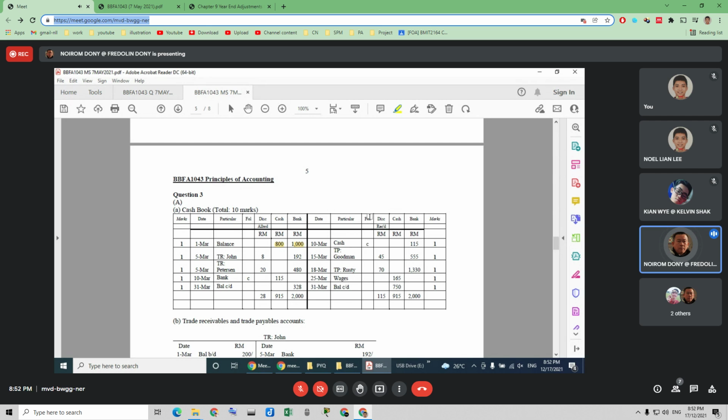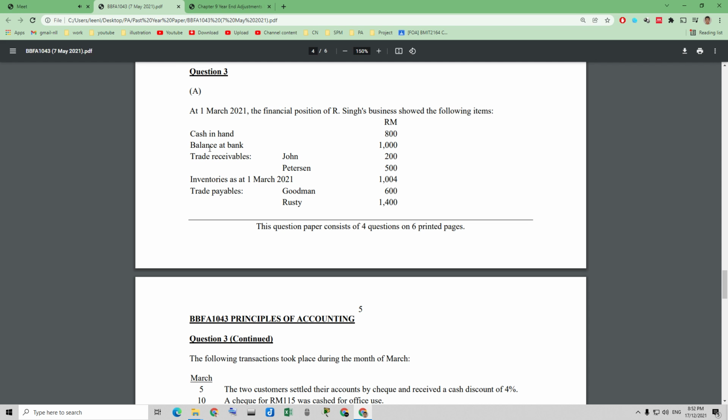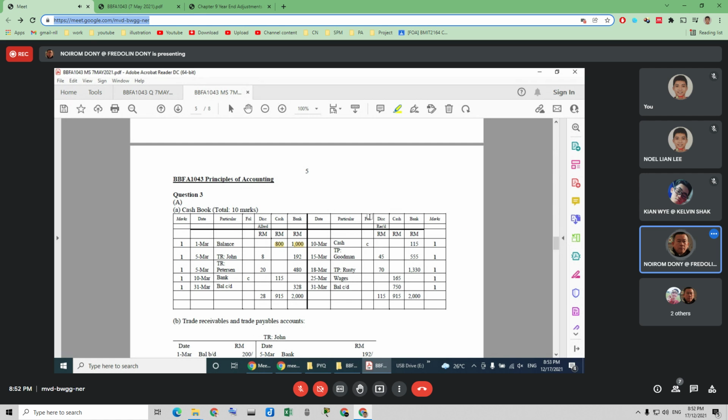Now, the trade receivables, John 200 and Peterson 500. Since the question asks to prepare the trade receivables and the trade payables, because of the plural, you have to prepare the accounts individually.